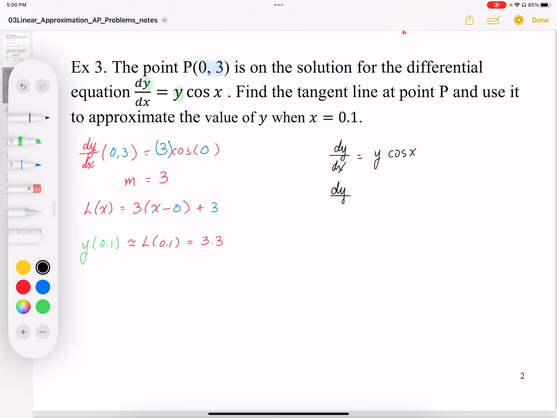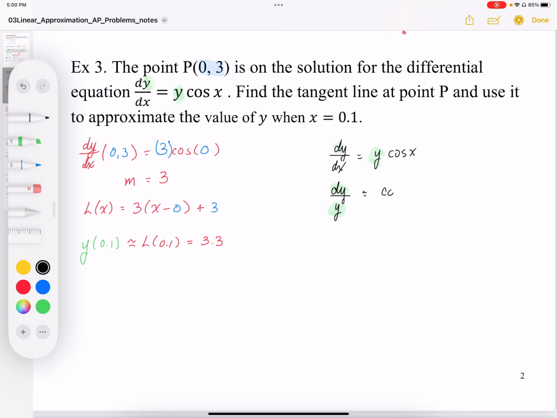So dy goes with y, so y comes in the denominator. I'll just color code that. So my y and dy go together, and my x and dx go together.